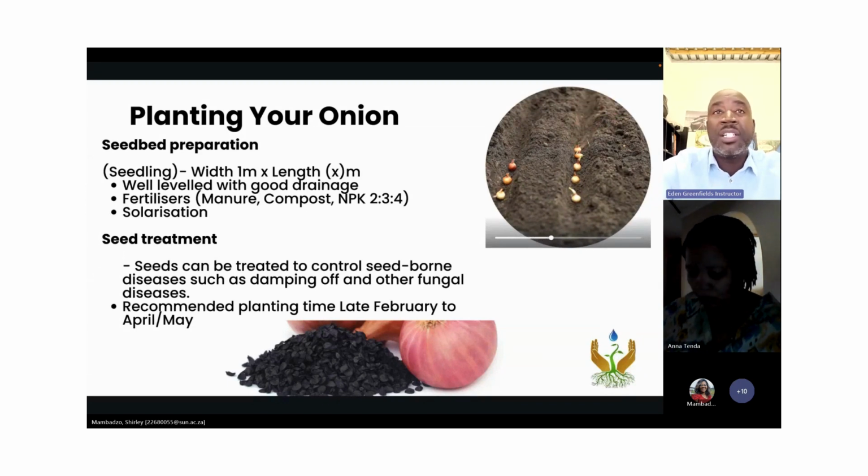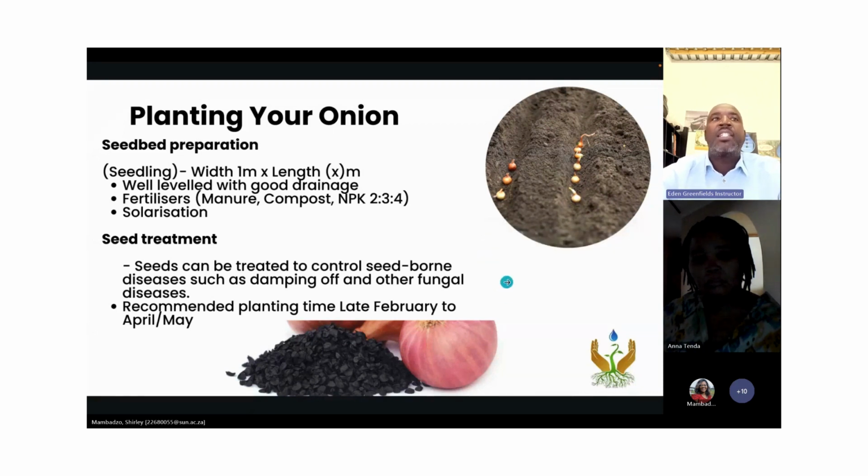Seeds can be treated to control seed-borne diseases, such as damping off. We'll have a slide that will show you what damping off is, and other fungal diseases. The solarization process can also help to make sure that we don't have pathogens in the soil that can affect our plants.